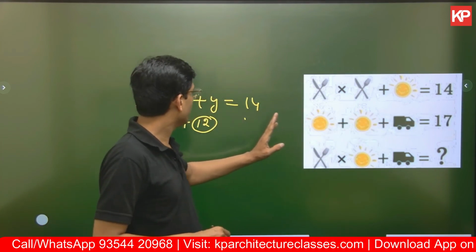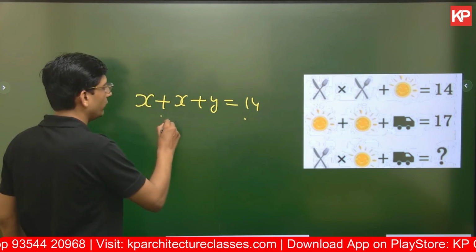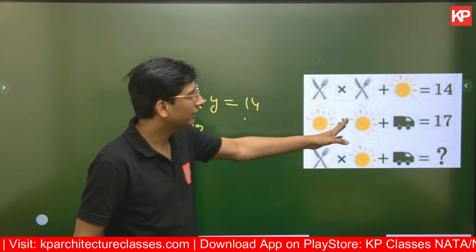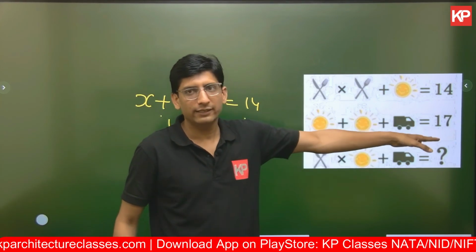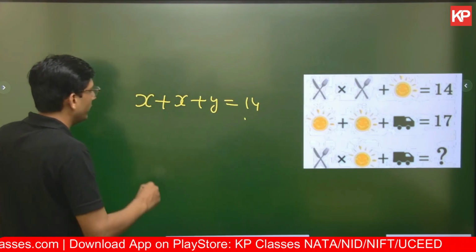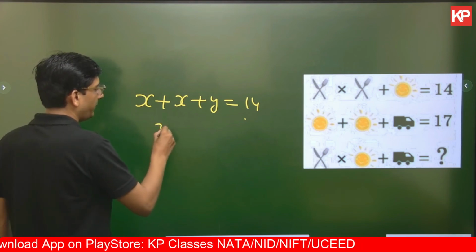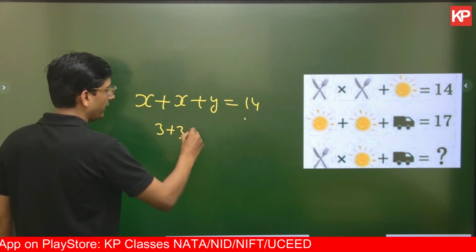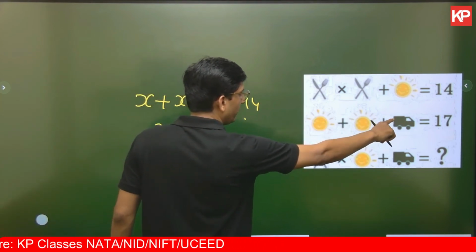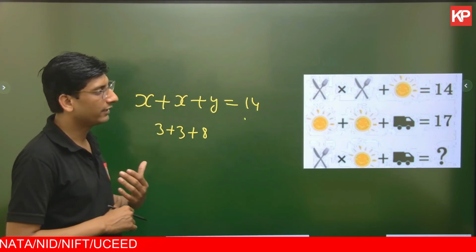Now if I am assuming x is 2, that will be 2 times 2, 4, plus y, where y is now 10, so 10 plus 10 is 20, which is again greater, so the value of x cannot be 2 as well. Now let's put the value of x as 3, so 3 times 3 is 9, so it will be 8 then, and 8 and 8 are 16, so again there are very few chances.